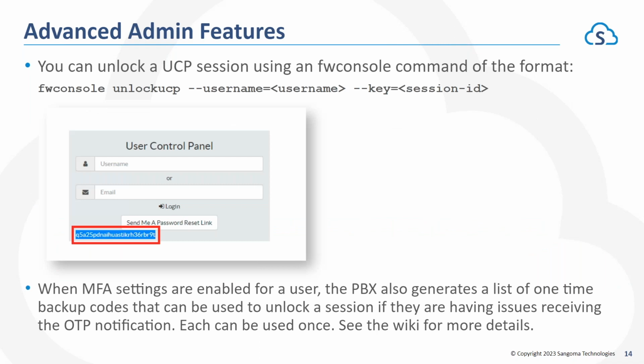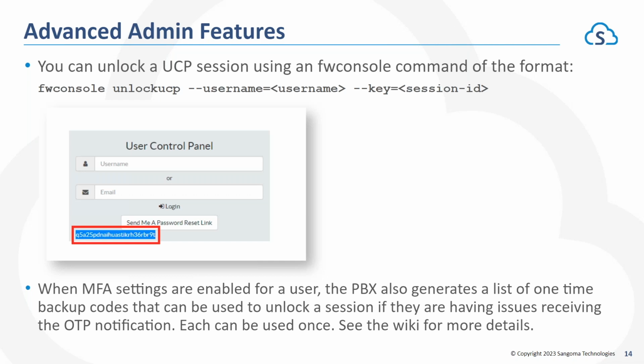There are some advanced administrator features that come with this module. One of them allows you as an administrator to unlock a UCP session using an fwconsole command without knowing the user's password. So this can be useful for many reasons, but the format for this is fwconsole unlock UCP.